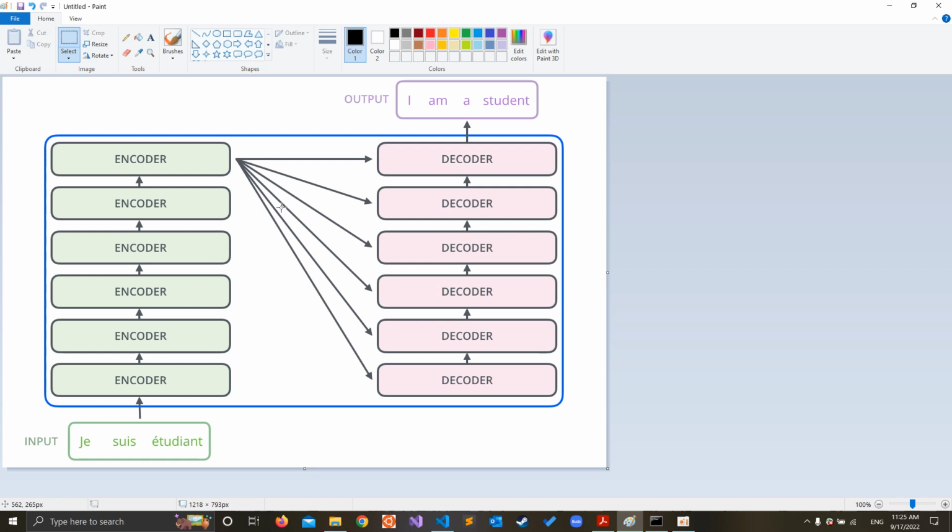So we need to use queries to check what is the best word to put in the mask token for this sentence. We need to see the keys and values from the encoder, and the query that we want comes from the decoder. That is how it happens here.